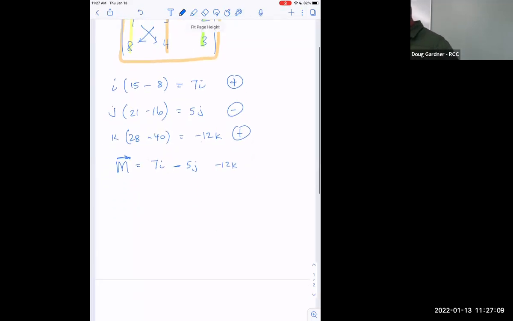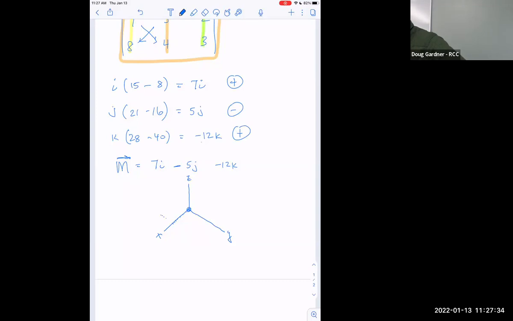So just to draw a picture of this, let's try. Say that's positive x, that's positive y, and this is positive z. From here, what's the vector around which that's rotating? Well, I go positive 7 in the x direction. Then 5 negatively in the y direction.